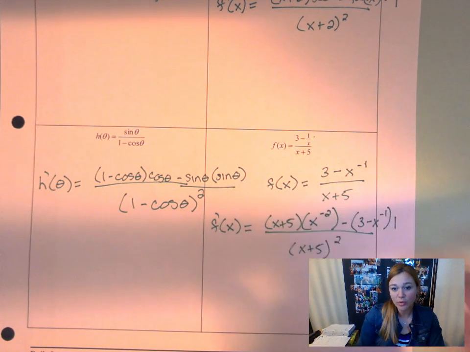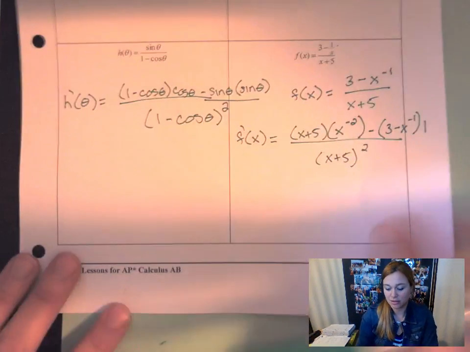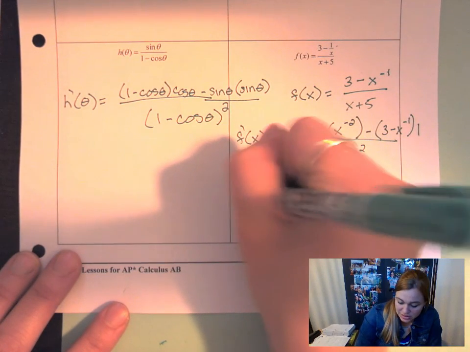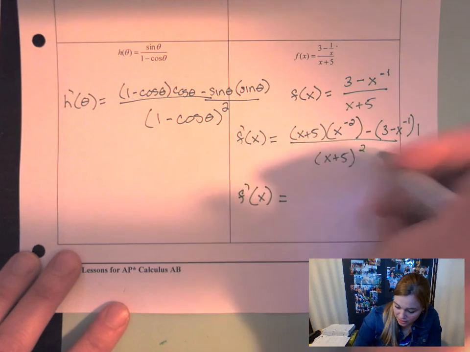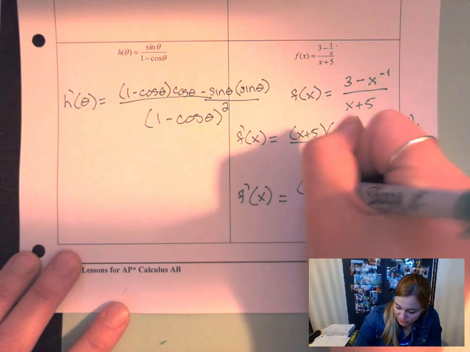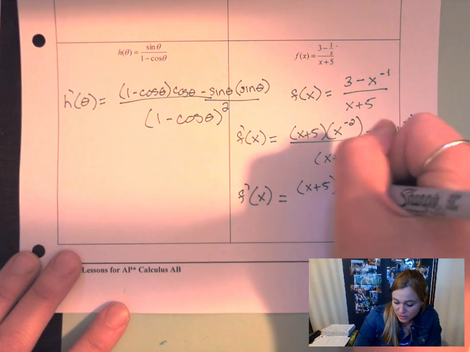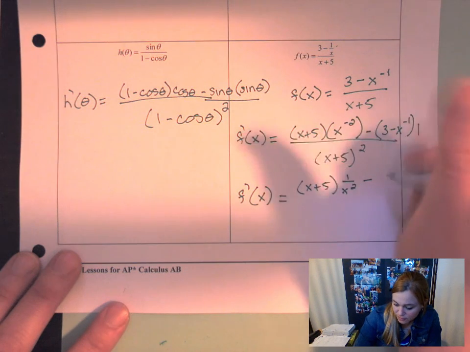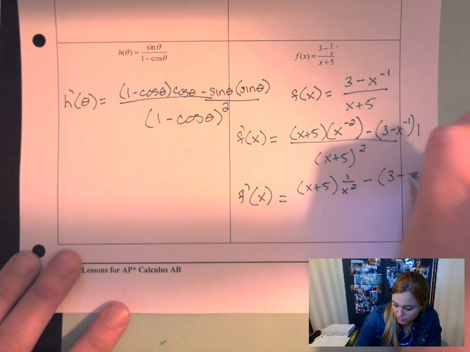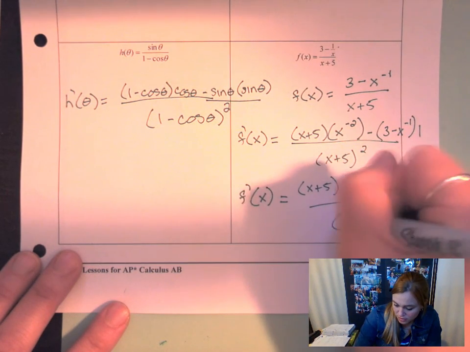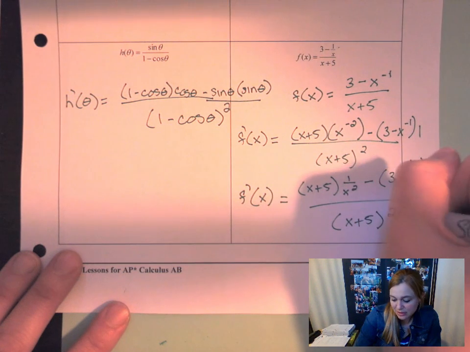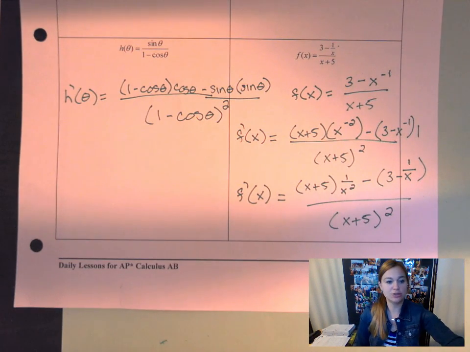And this is the only one we kind of have to rewrite, just because this would become x plus 5. I would want to rewrite any negative exponents. This would become 1 over x. There we go. Because then if you were using this, it would be easier to substitute.